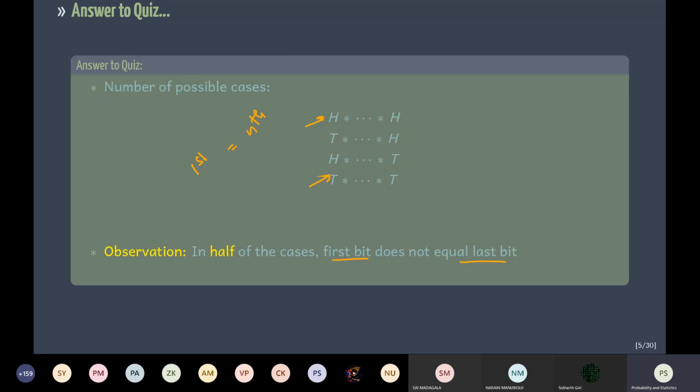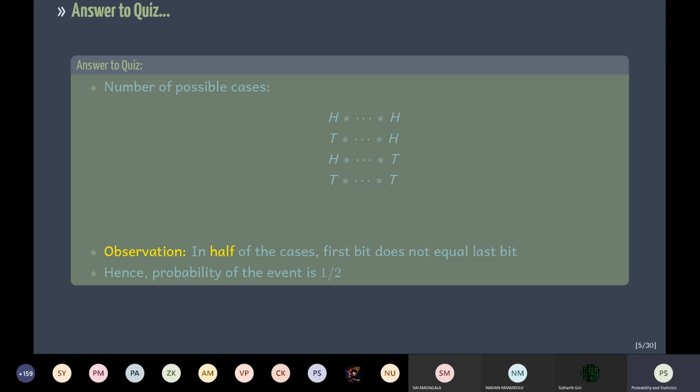And then these are those cases where first bit is not equal to last bit, and we know that these are equal number of cases, right? So these are all equal number of cases, and out of these, 2 cases have the first bit equal to the last bit. So from here we can say that the probability of the event will be half.